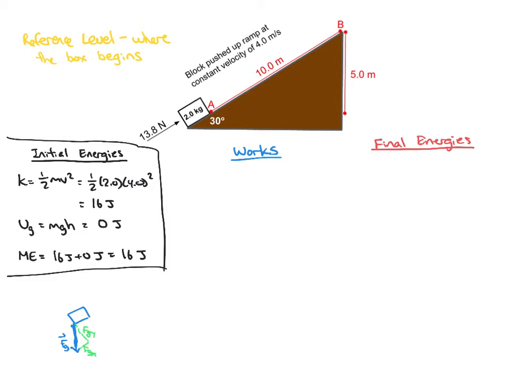Apologize, it's kind of small to see. It's got an applied force pointing up the ramp. And I'm going to make it a bit longer than FGX because there's also going to be friction resisting it.